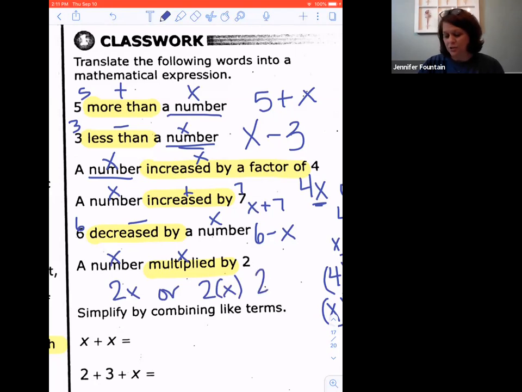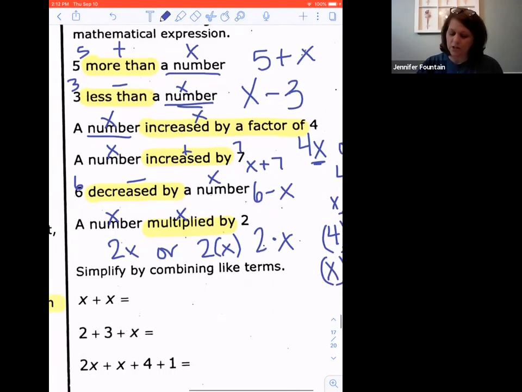I could write it as 2 with a dot and x, but typically when I write a number and a variable, I write the number first. Okay, so typically I'm going to see my number and then my variable. Any questions on those? Any of those that you were confused by? Awesome. Let's go ahead and look at the next part.